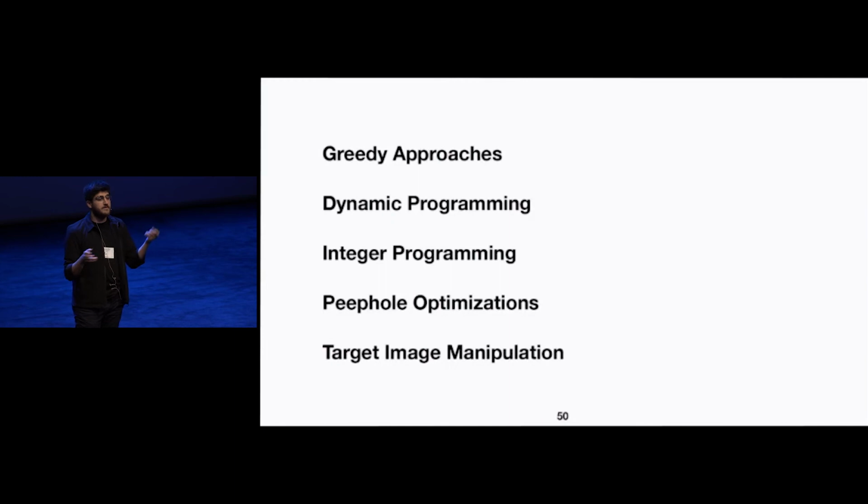There are also target image manipulations. Instead of going from the initial canvas to the target, they started manipulating the target, and that sometimes made things easier. And a lot of teams did manual solving. They wrote CAT tools, basically, and used those to solve the questions.